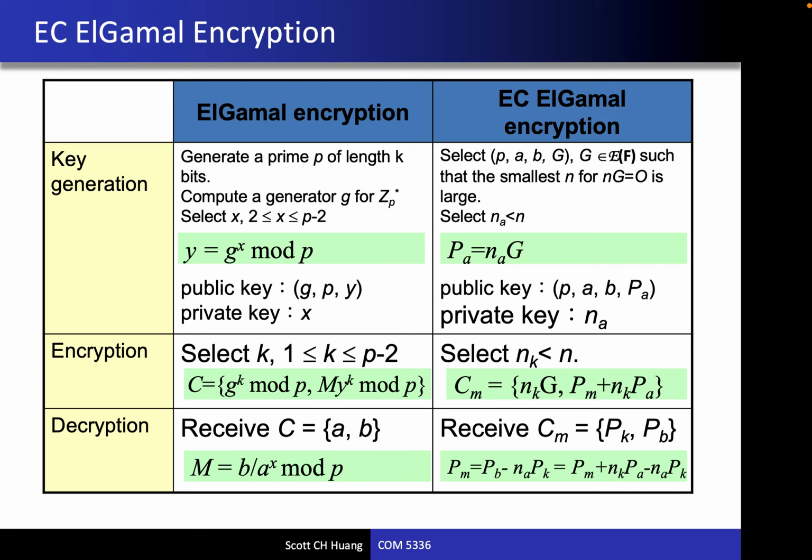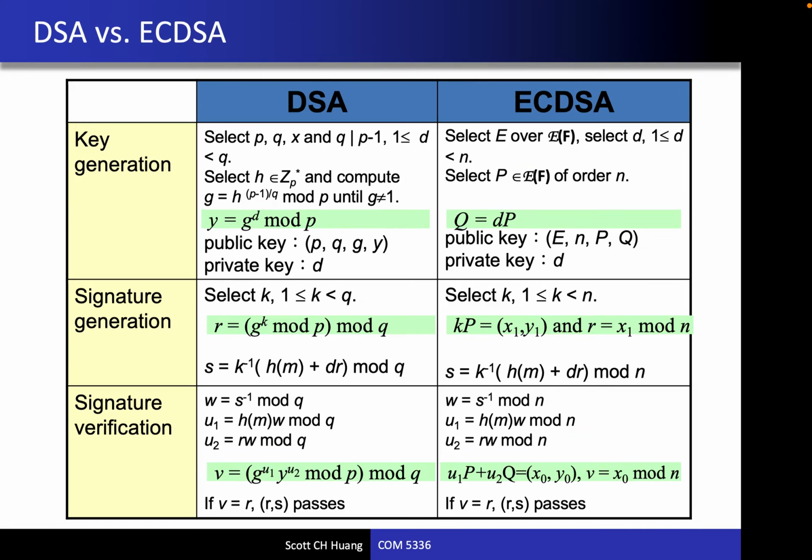That's enough to guarantee the existence of a square root. This is the way of embedding a plain text into a point on a curve, and that's how we apply elliptic curve encryption.